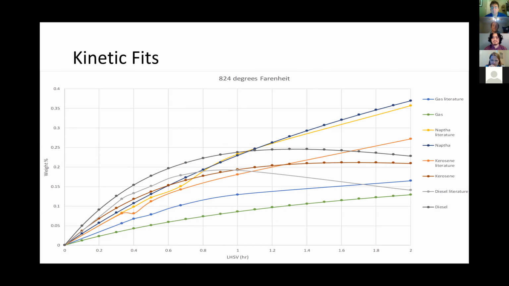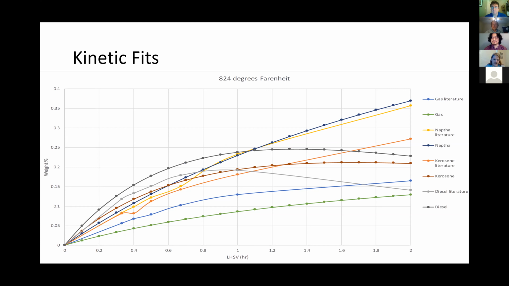One of the main things that we focused on with regressing this was we wanted to capture a diesel maximum at a certain temperature. What I mean by that is, obviously our most valuable components are diesel and kerosene. And so we felt that it was necessary in our kinetics to show a point where the diesel and kerosene start to tail off in order to give us a more accurate model.